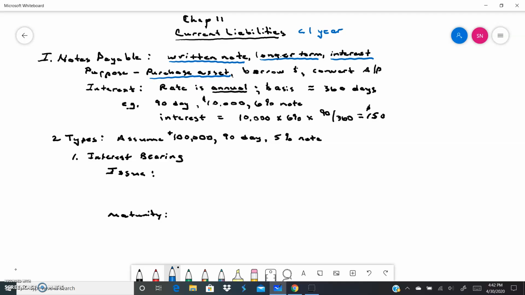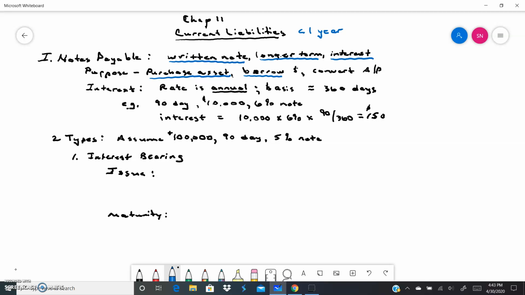So it could arise from the purchase of an asset. It could arise just from borrowing money. So we could borrow money from a bank or from, say, the bond market. We could borrow money in the public markets as long as it's less than a year.